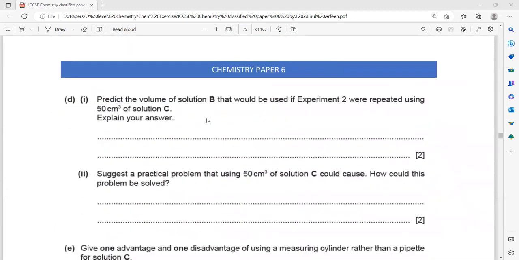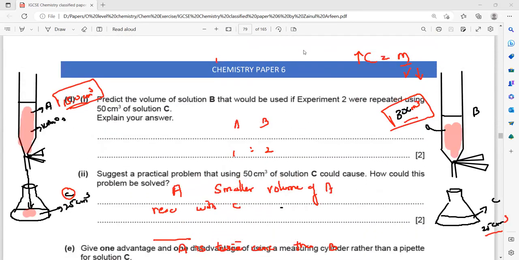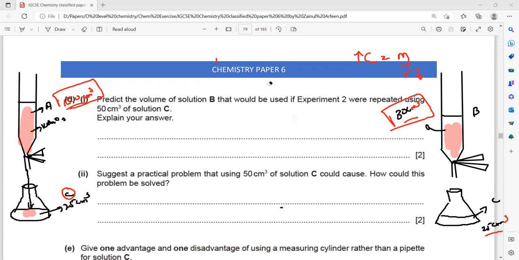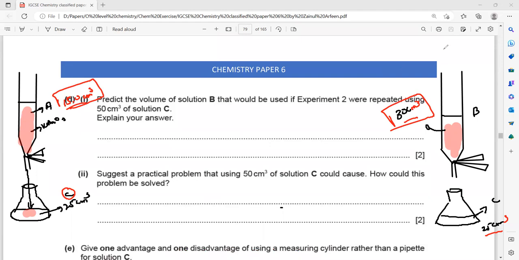The next part, we have to predict the volume of solution B that would be used if the experiment was repeated using 50 cm cube of C. As you can see here, in experiment 2, when we were using 25 cm cube of C, how much B was needed for a complete reaction? 30.